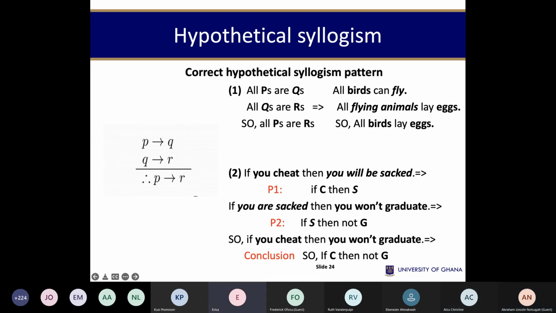Now, with arguments, sometimes you will need what? Conditional statements. Not all statements are conditional, but in a conditional statement, there are two parts.